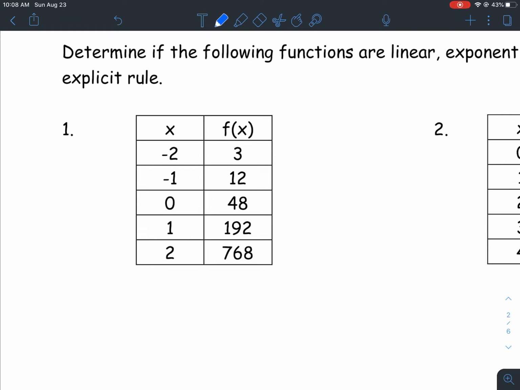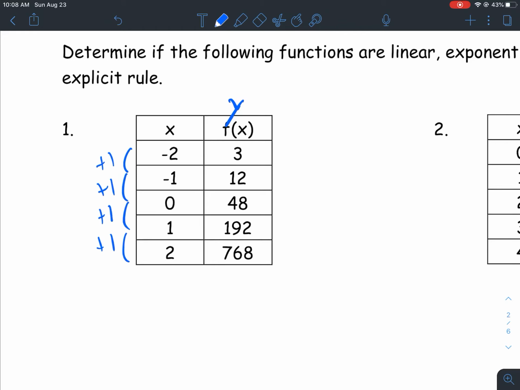For number 1, we're going to figure out what the change is. If you notice here, all of our x values are going up by 1. That's showing us that this is a consistent chart. Now let's figure out how the f of x values, commonly known as the y values, are changing. First, let's check for a common difference.